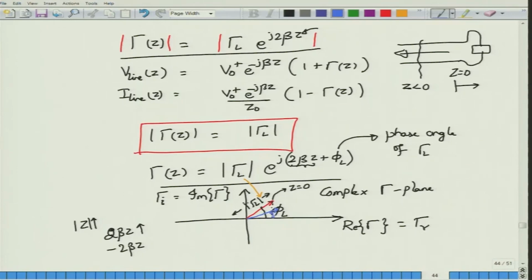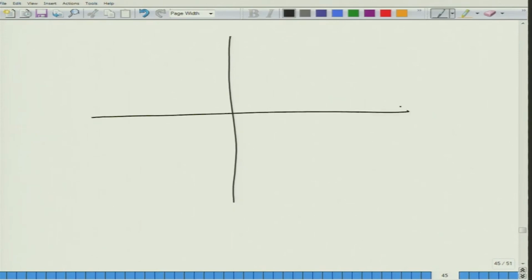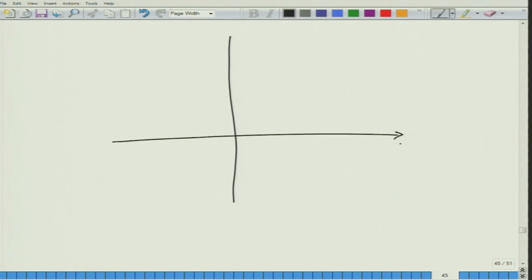Let me expand this particular graph because it's kind of interesting to look at. This is the complex gamma plane, this is gamma r and this is gamma I, and we started off with the magnitude of gamma L at this point with a phase angle phi L here. This was at z equal to 0.